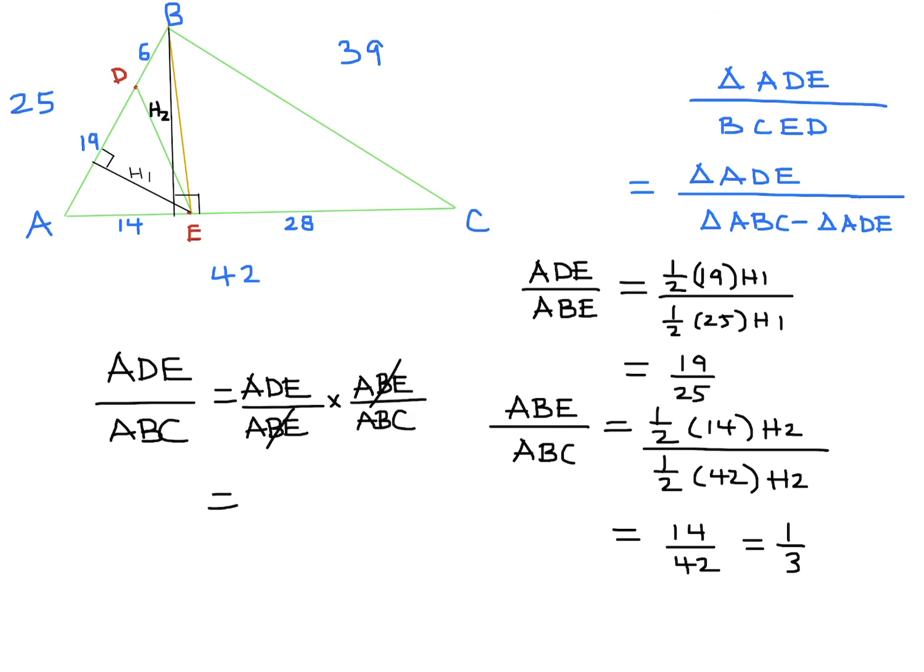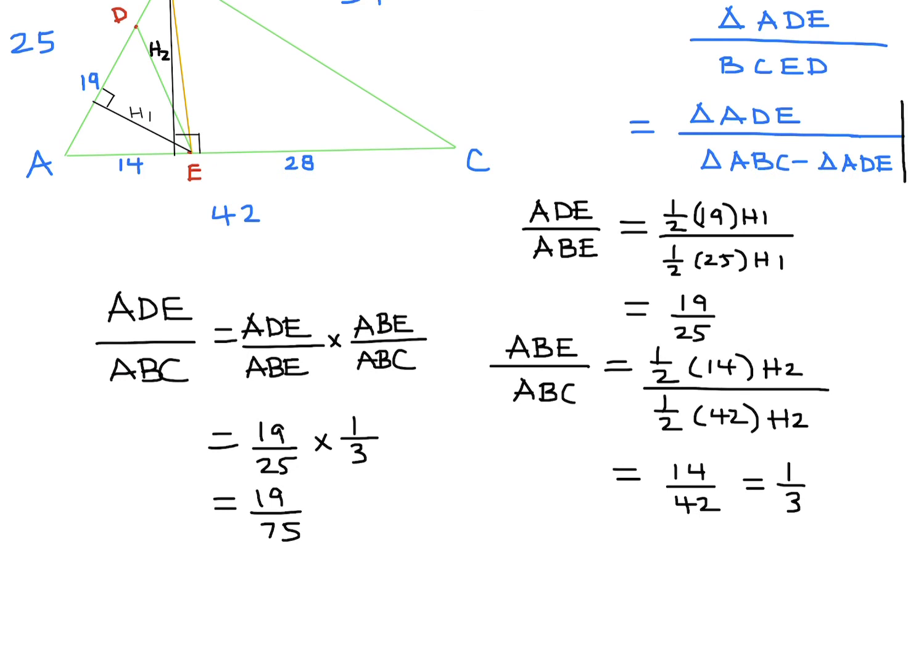Correct? Because these two will cancel. And this one I already know is right here, 19 over 25. And this value I also know is 1/3. So there you have it. We got 19 over 75.